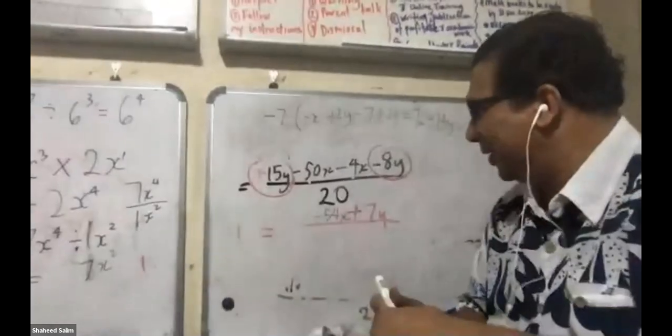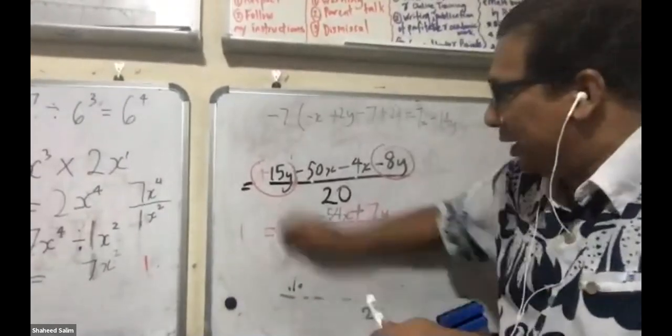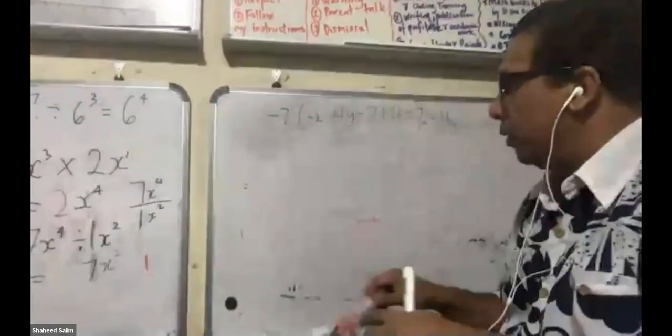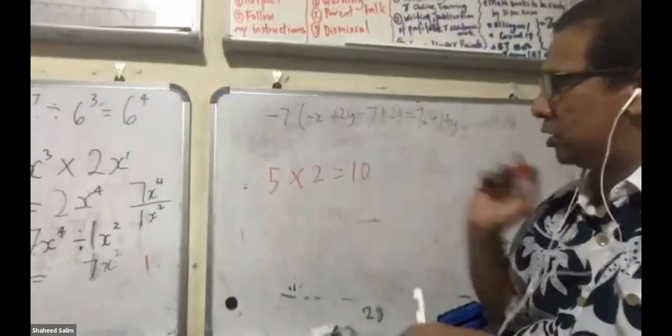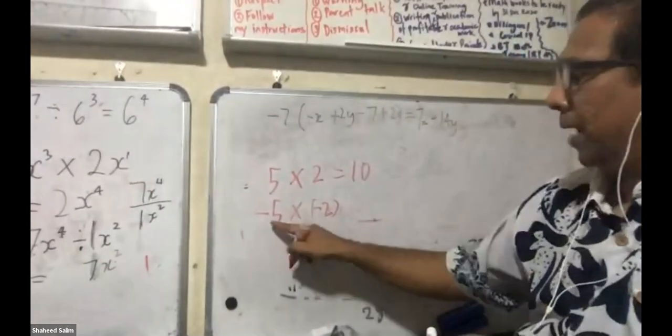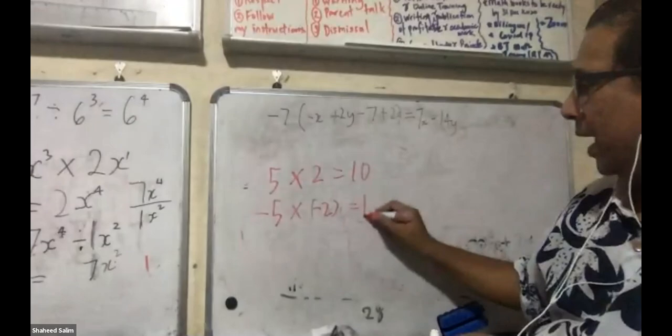Okay, so hold on. We need to remediate now so that you will be very, very clear. Now this is positive. 5 times 2 is 10. Plus is plus. Minus 5 times minus 2: minus times minus equals plus. Why? That is the rule.